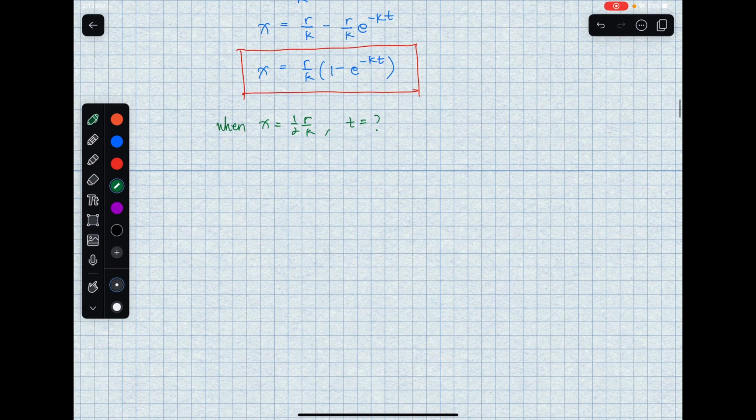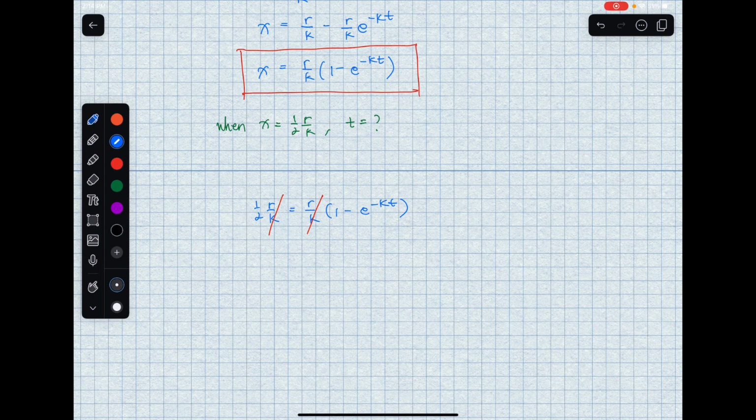So we just simply substitute. And this x is 1/2 of r over k, equals r over k times 1 minus e raised to negative kt. Since this is an equation, we can cancel out r over k.